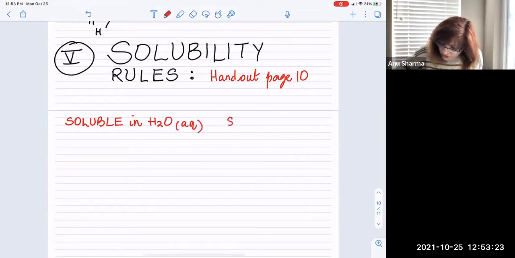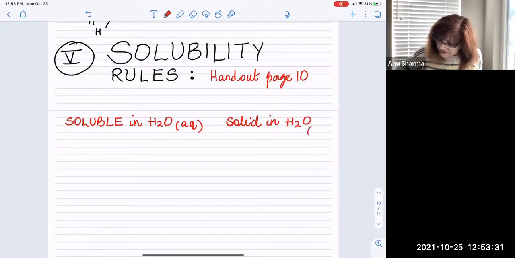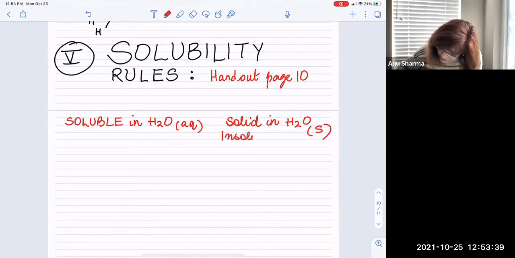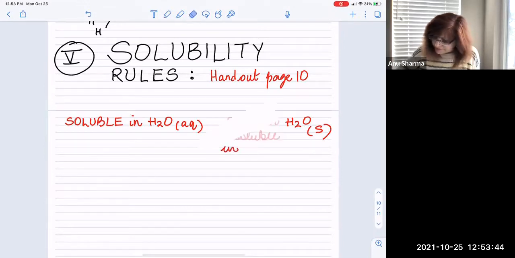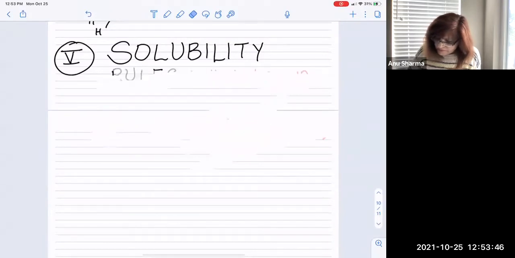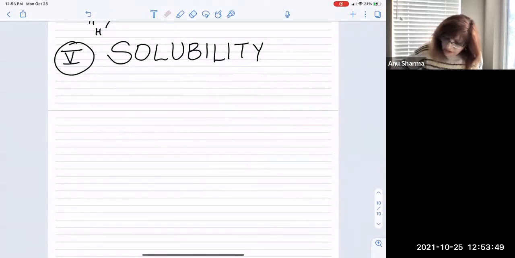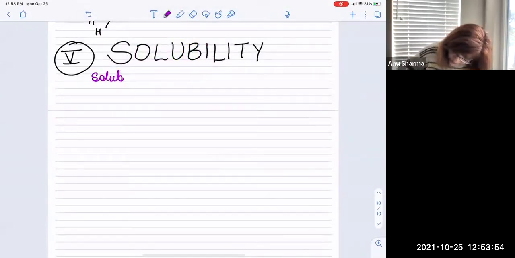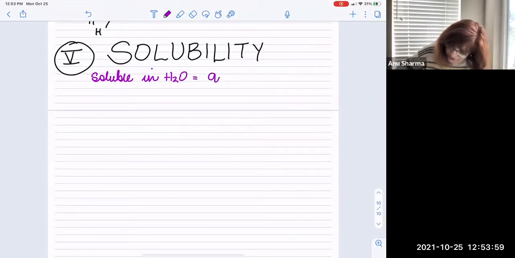Something that is solid in water would be insoluble in water, and that is shown as S. So if something is soluble in water, then it is AQ.